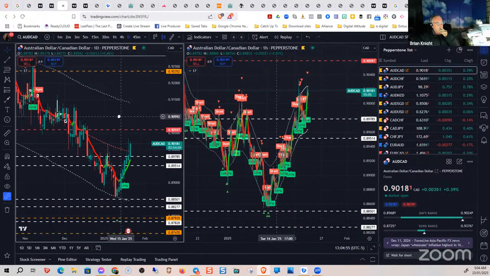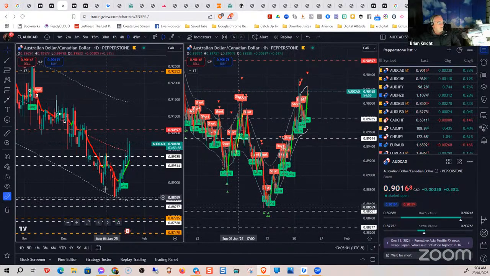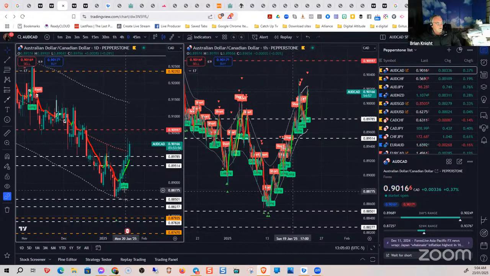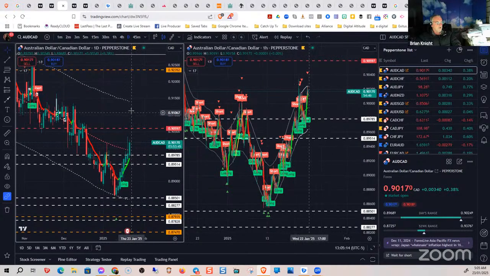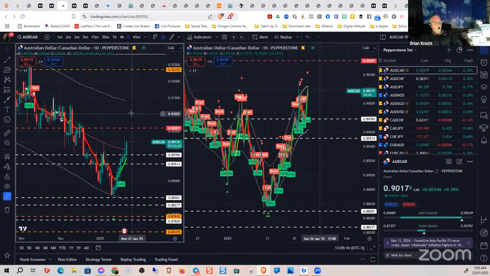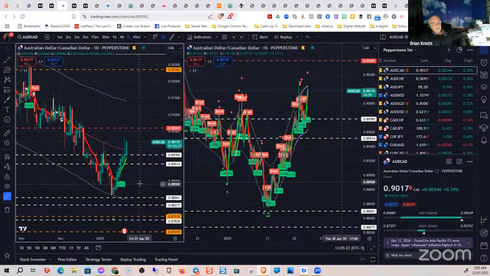This is standard candles, relaxed method, looking at it outside the rails, trend bar change, and a long or a short. So this is a potential trade for AUD CAD.